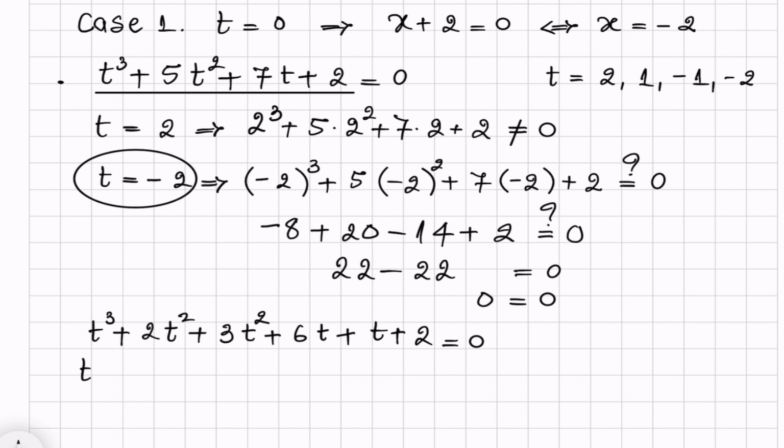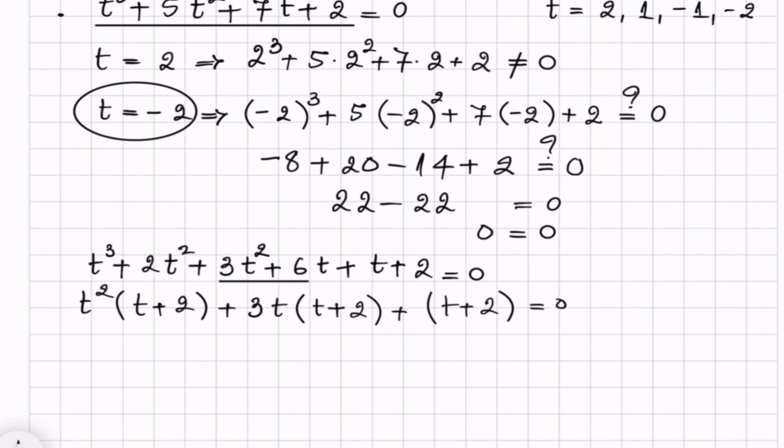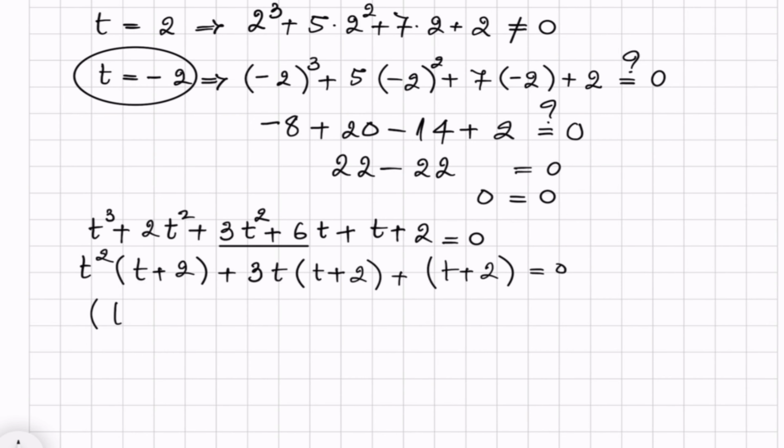Then we take t squared common, then t plus 2. And for these two terms, we take 3t in common, we will get t plus 2. And then t plus 2 equal to 0. So now we can take t plus 2 in common. Then we will get t squared plus 3t plus 1 equal to 0.